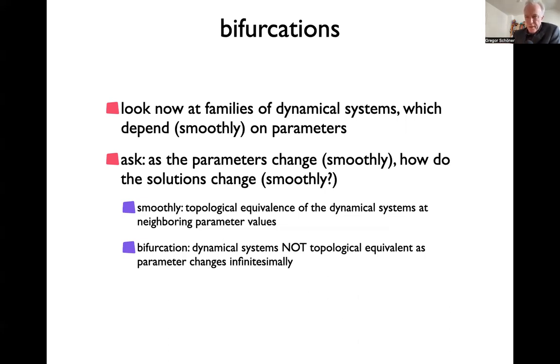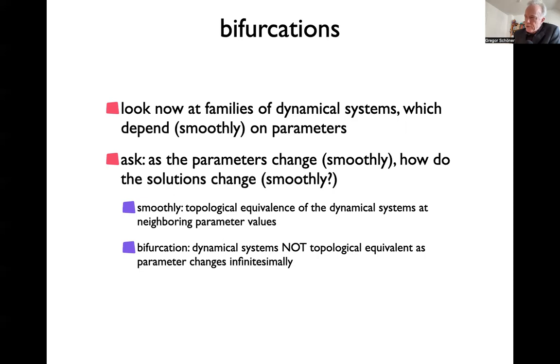So you don't do something where some jumps happen, a parameter that would have some non-continuous implications for the dynamical system. So we're always assuming that change is smooth in terms of the underlying forces. And we're then interested in something that is either smooth or not smooth in terms of the solutions. So roughly speaking, when the solutions also vary smoothly, as an informal way of talking about continuous and maybe even differentiable dependence on this parameter.